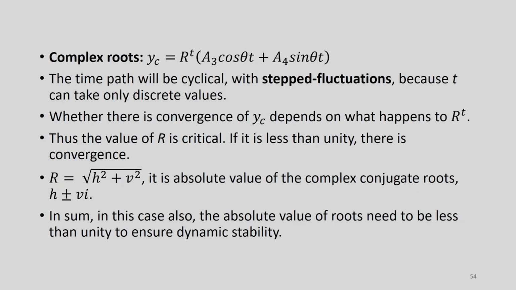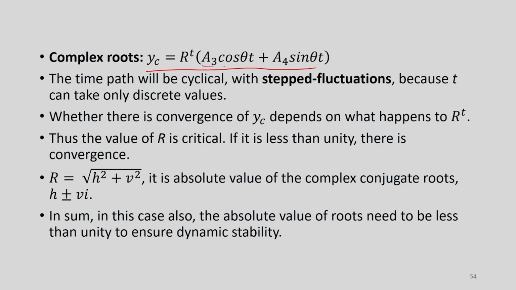What about the complex roots? So, in the complex root case we have this as the complementary function. The time path will be cyclical, we have noted this before, with stepped fluctuations because t can take only discrete values. Whether there is convergence of YC depends on what happens to r to the power t.